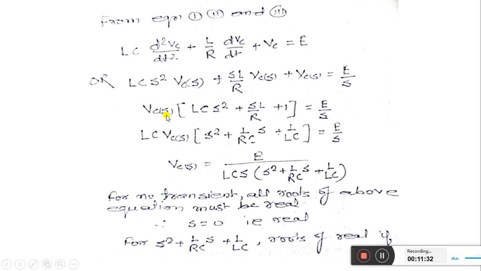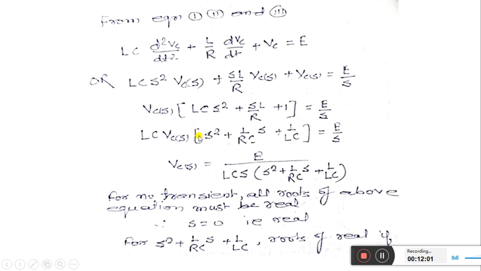Now if you take a common Vc(s), we can write LC s square plus s L/R plus 1 equal to E by s. Or if we take out LC also outside the bracket, we can write LC Vc(s) times s square plus 1/RC s plus 1/LC equal to E by s.